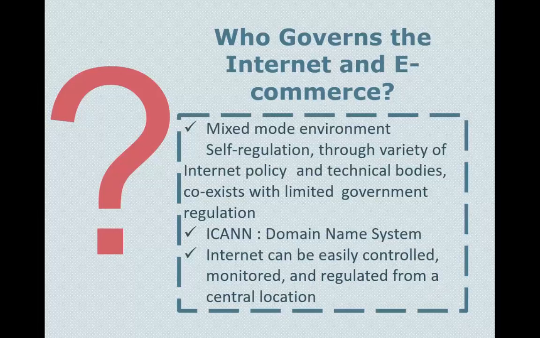And the second method is ICANN, which manages the domain name system. The internet is technically very easily controlled and monitored from central locations such as network access points, telecommunications firms or agency fiber channels, as well as servers and routers throughout the network.